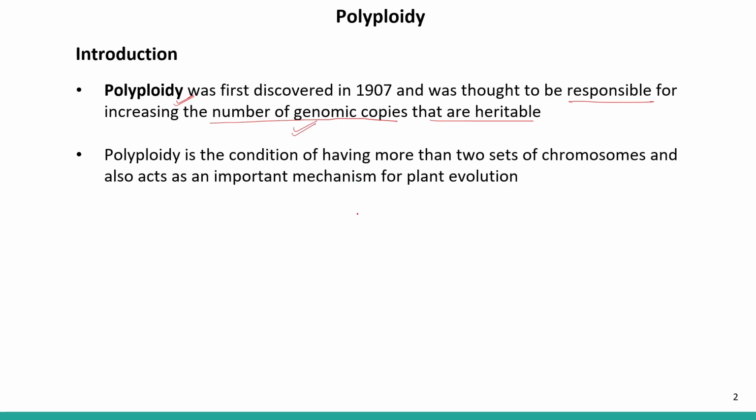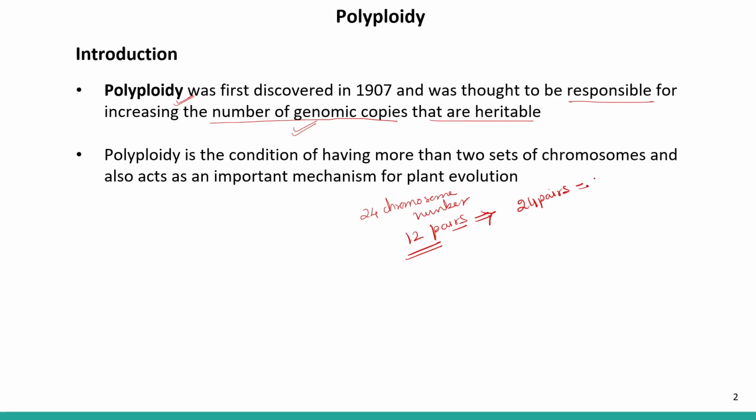So suppose an organism has 24 chromosomes, it means 12 pairs. So this whole 12 pairs gets duplicated, that is 24 pairs.